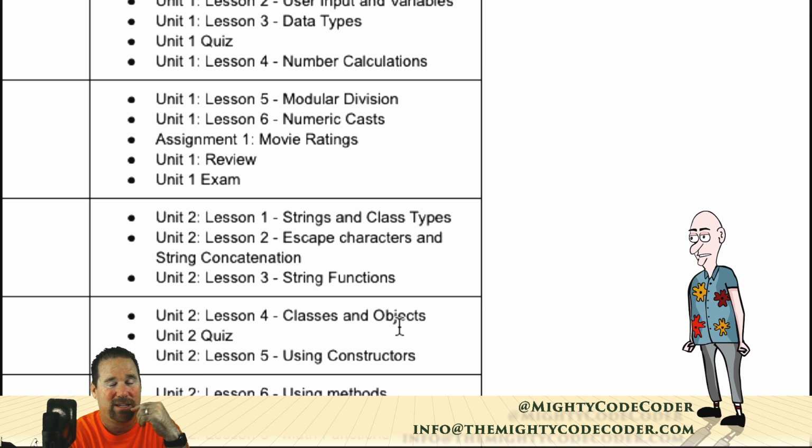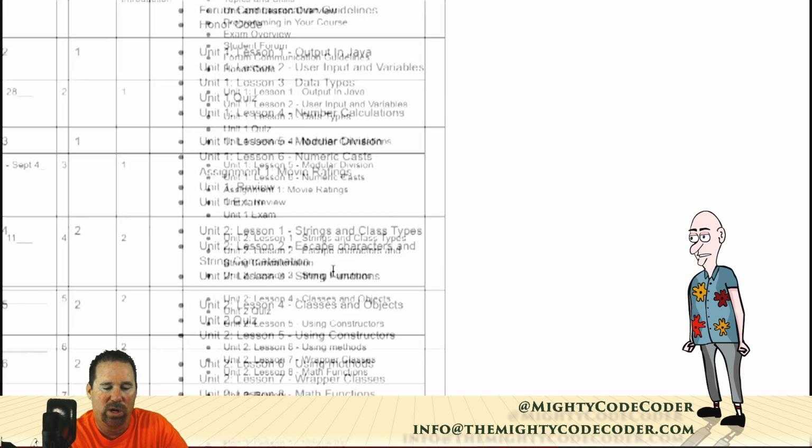We did that yesterday, did some board work. And then we're going to do Unit 2, Lesson 2, okay? And escape characters, and then the end of the week, we just want you to get to Lesson 3. So you want 1, 2, and 3.